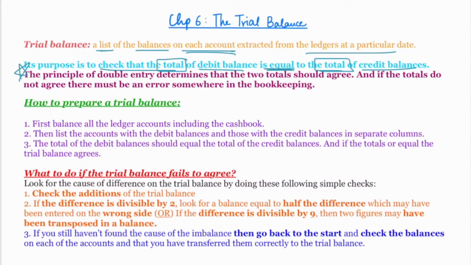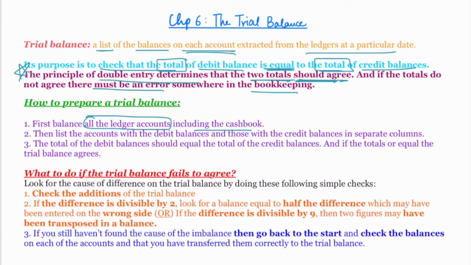The principle of double entry determines that the two totals should agree compulsorily, and if the totals do not agree, then there must be an error somewhere in the bookkeeping. Now, how to prepare a trial balance? First, balance all the ledger accounts, including the cash book.